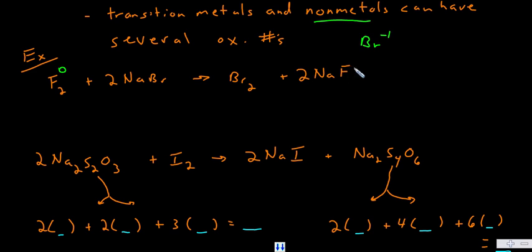And what is the oxidation state of the fluorine here? Well, we see that it's stuck to a sodium. And so consider the charge of the sodium. There's 1 sodium, it's plus 1. And we're looking for the oxidation number of fluorine here, but we don't know it yet.